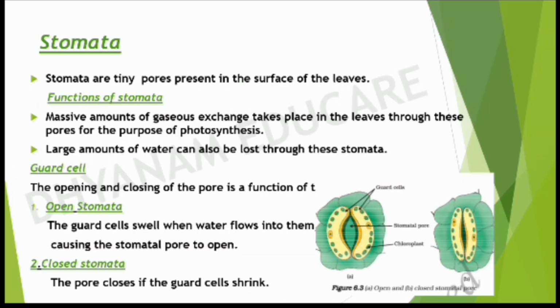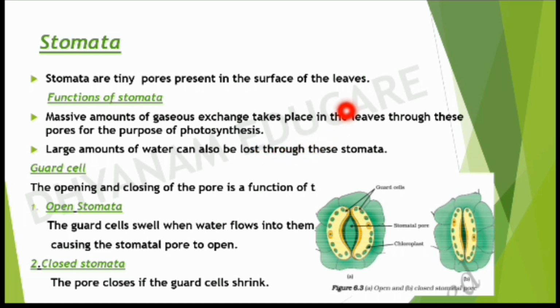Now let us study how gaseous exchange takes place in plants. There are tiny pores present on the surface of leaves called stomata. Massive amounts of gaseous exchange take place in the leaves through these pores for the purpose of photosynthesis.